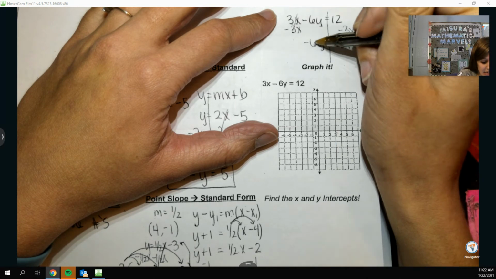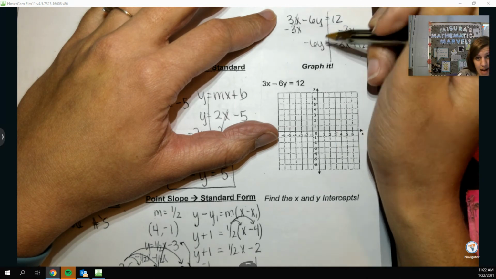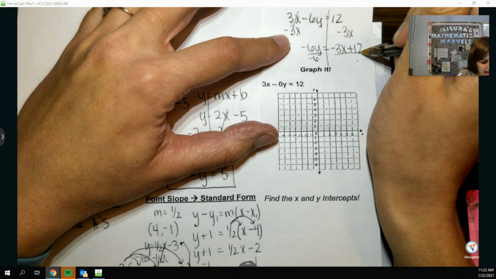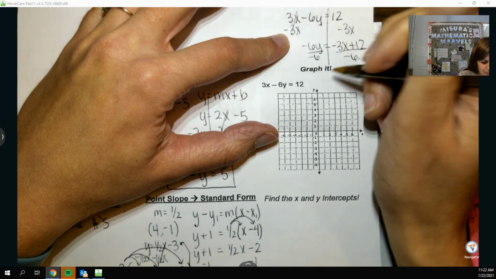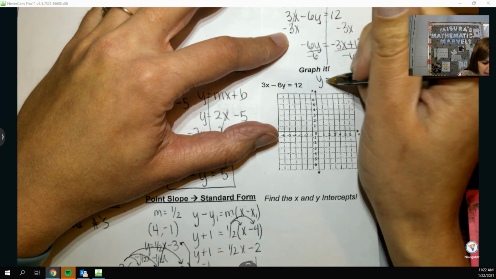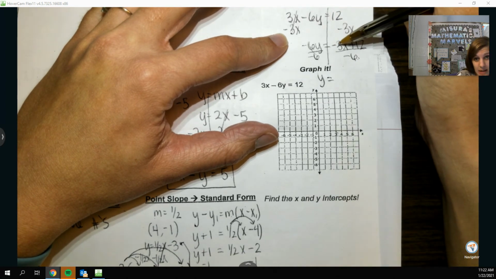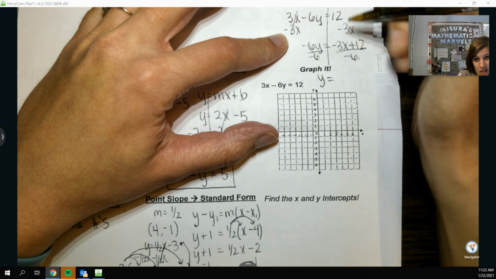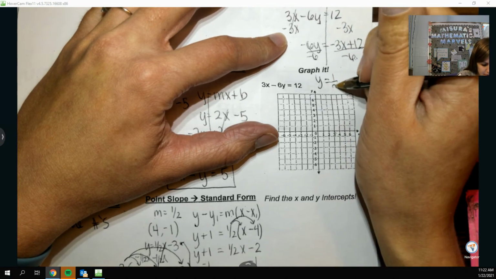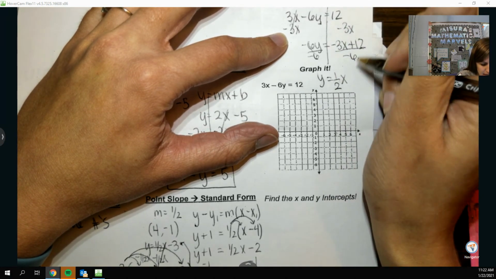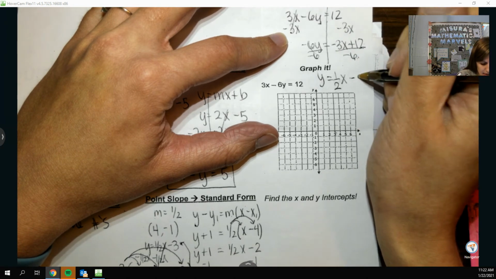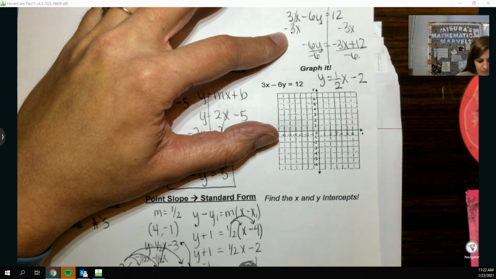And then I need to get rid of the -6 that's on the y, so I need to divide it away. And when I divide it over here, I have to divide it by everybody. And so then we'll have y equals, now -3 divided by -6 reduces to positive half x. And then 12 divided by -6 is going to be -2.